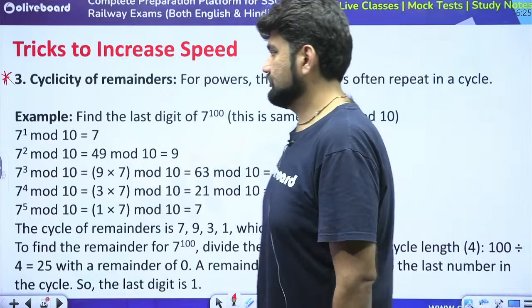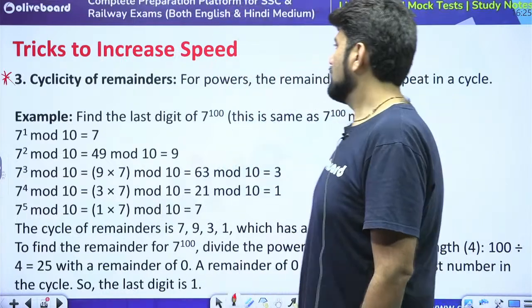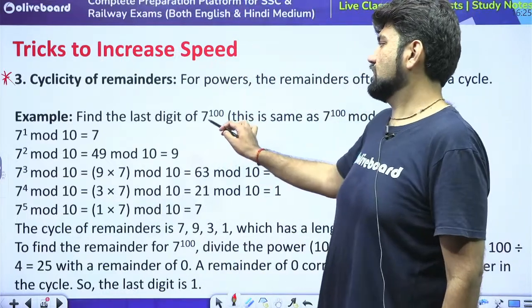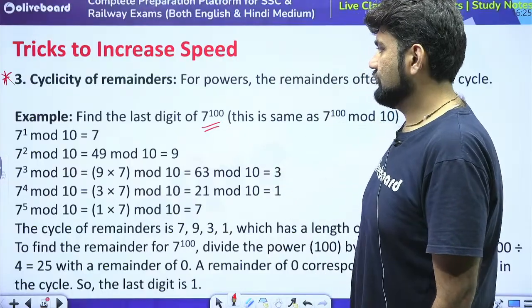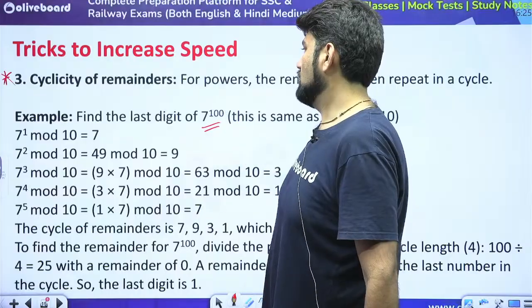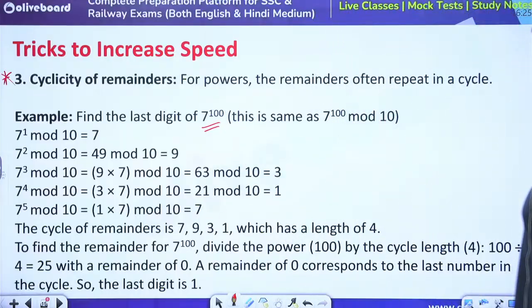Cyclicity of remainders. Now, for example, this is the question they're asking you: 7 power 100 mod 10.